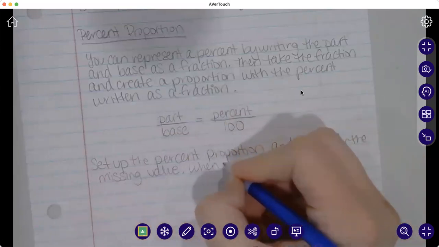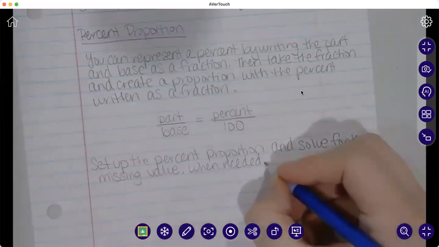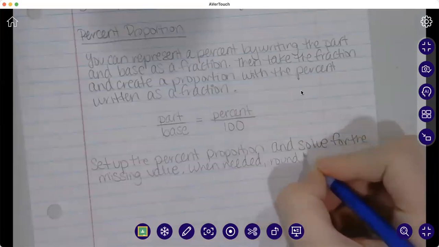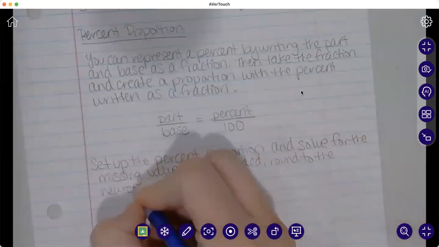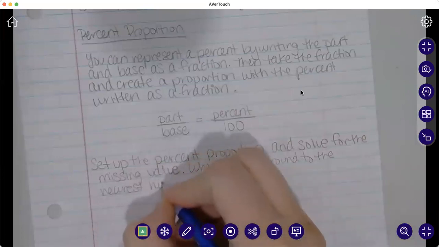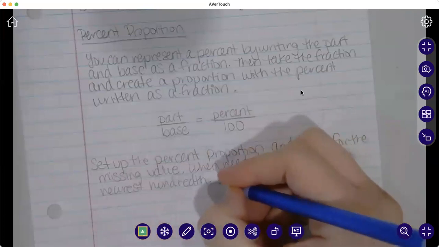When needed, round to the nearest hundredth. Show all work.